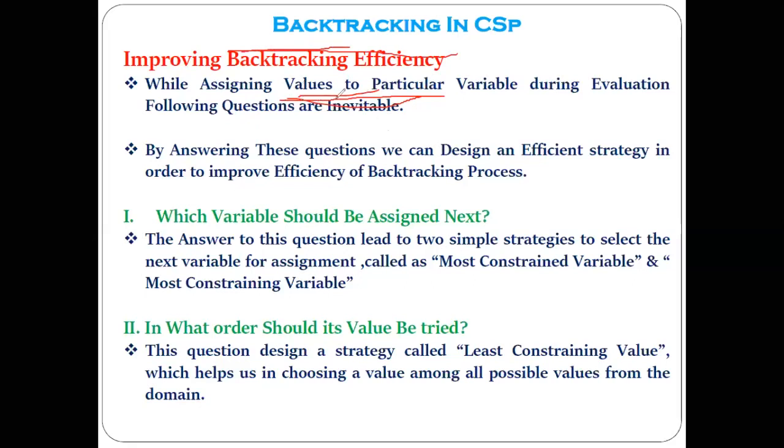Now, as I said, these techniques are based on things related to assigning a value to some variable. We are going to discuss those techniques in the next lecture, but they are developed by asking certain questions. For example, the first question is: which variable should be assigned next? These techniques are based on the choice of assignment of value to the variable or choosing the variable for the value.